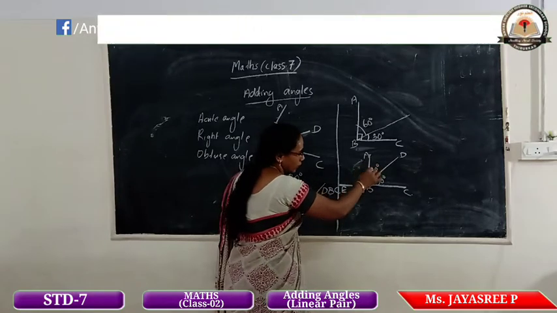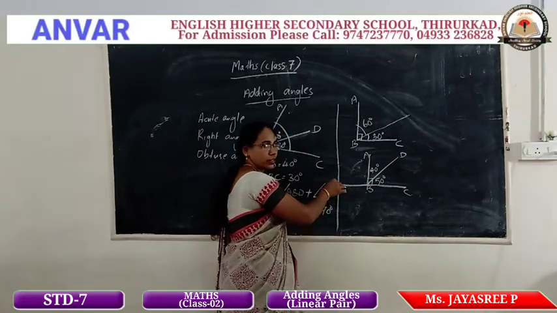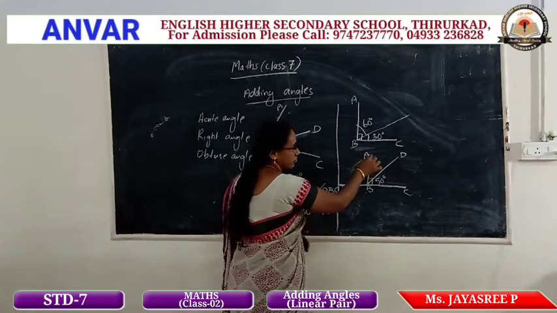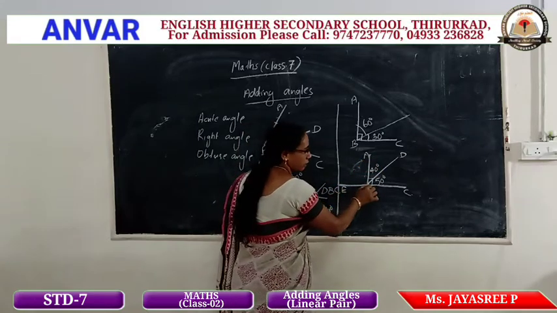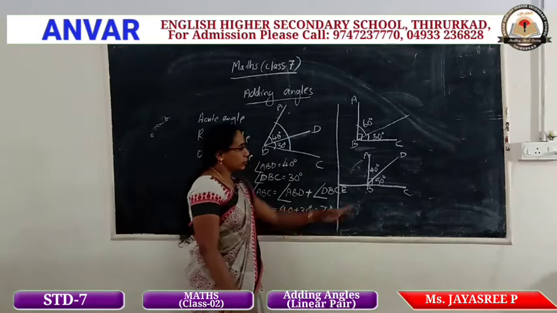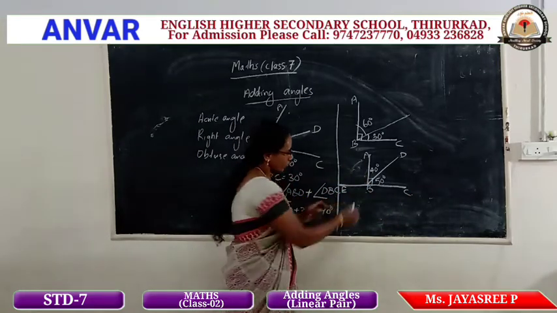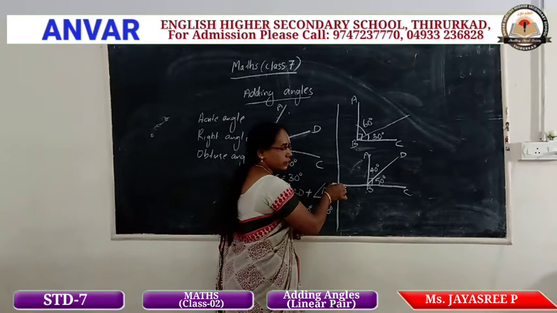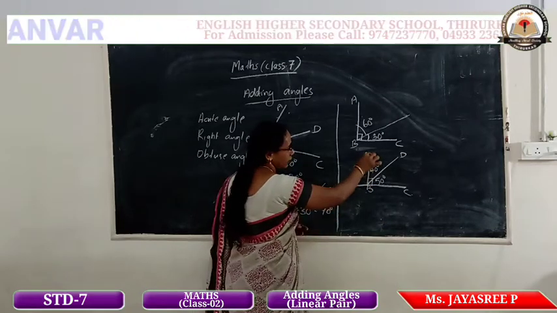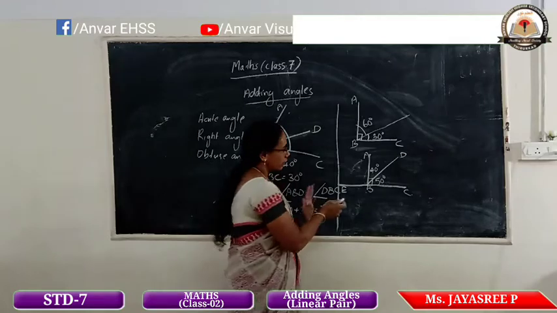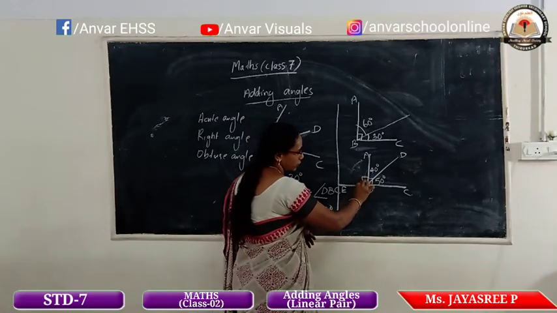What will happen if these two lines meet together? We discussed AB is a vertical line, BC is a horizontal line. Those two lines meet together to form angle 90 degree. So BE is a horizontal line and AB is a vertical line. What happens if these two lines join together?